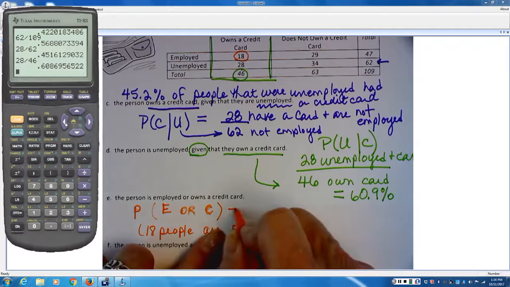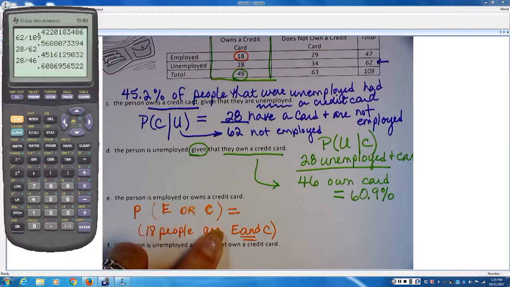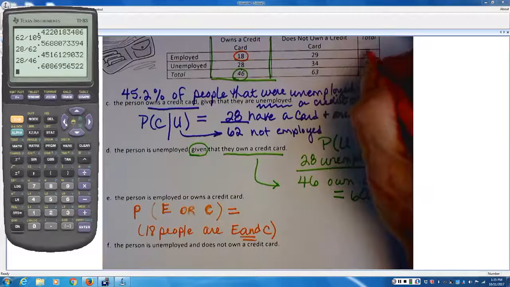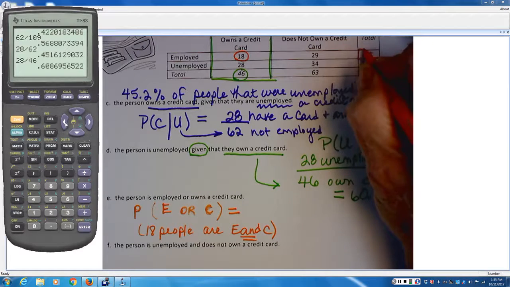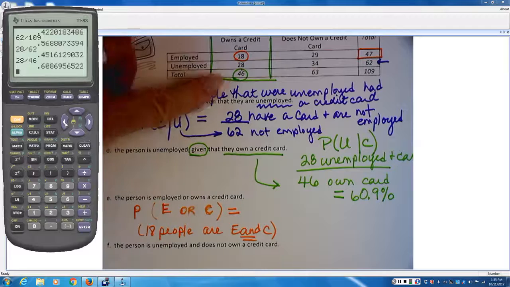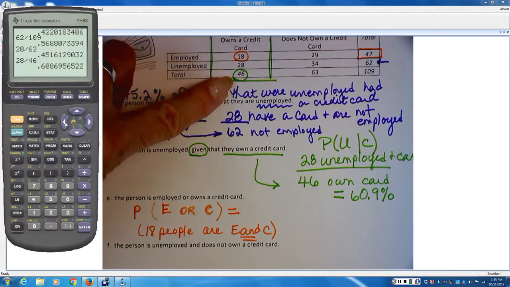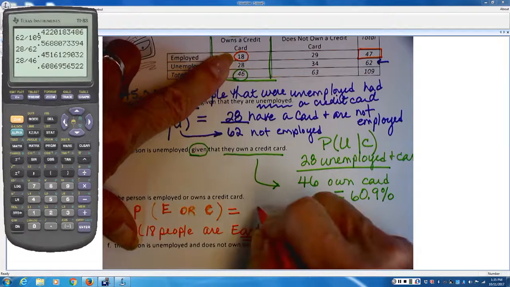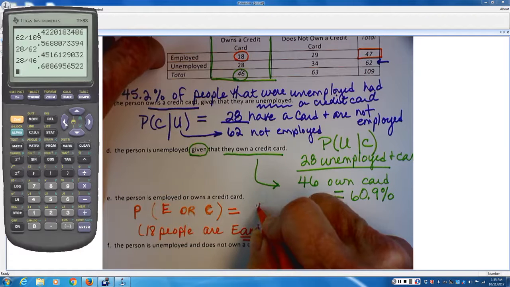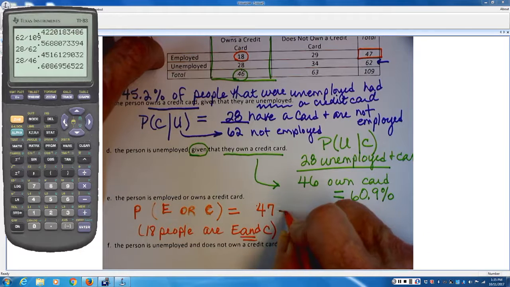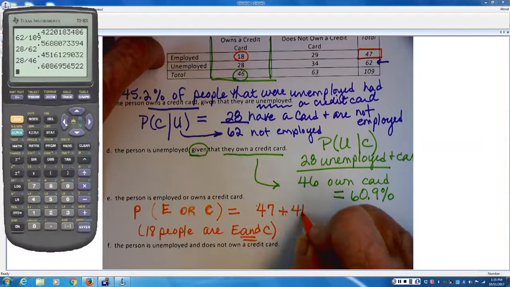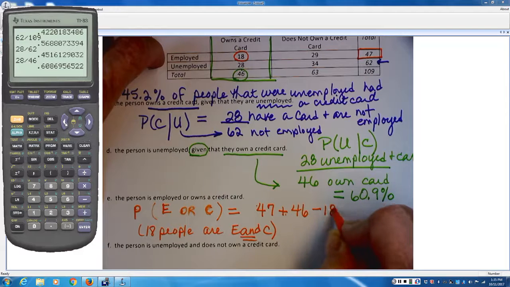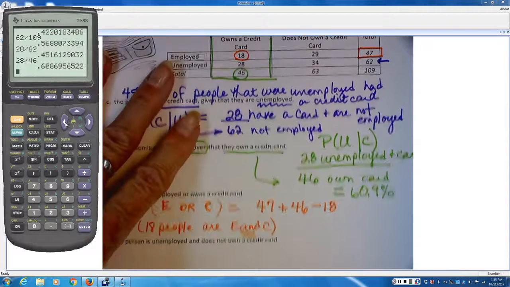So when we do this calculation, we need all the employed people, which is 47. And even though there are 46 people that own a credit card, 18 of those people have already been counted because they're employed. So we just very carefully subtract out those 18 people.